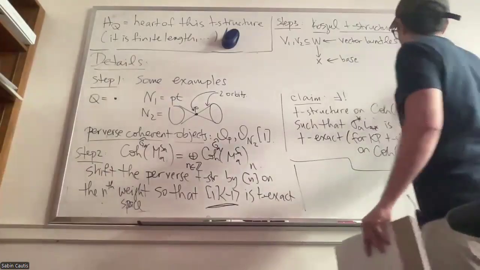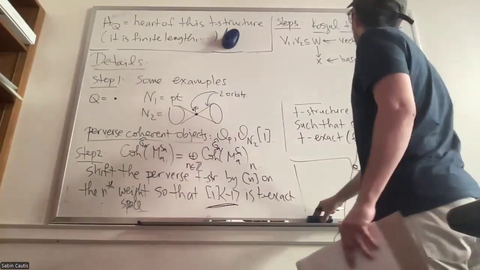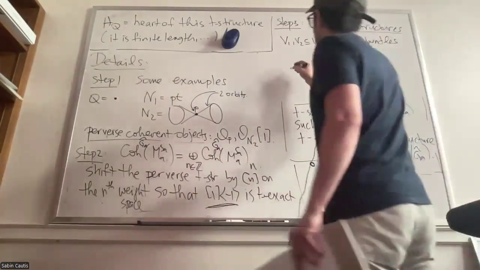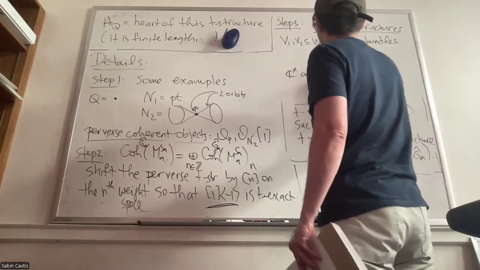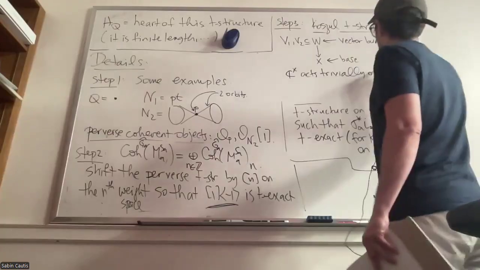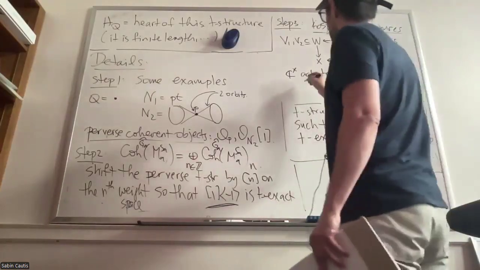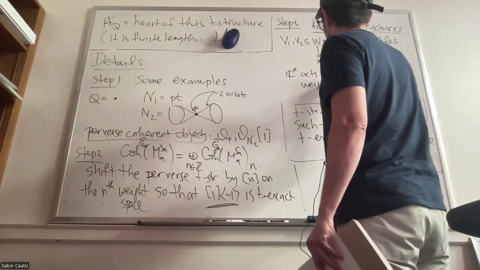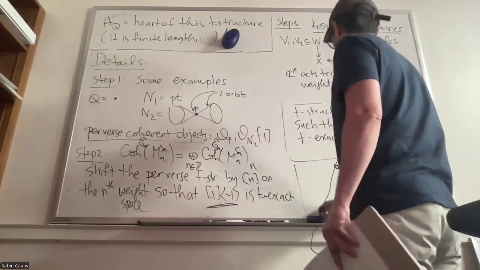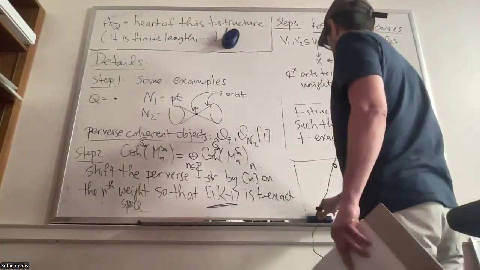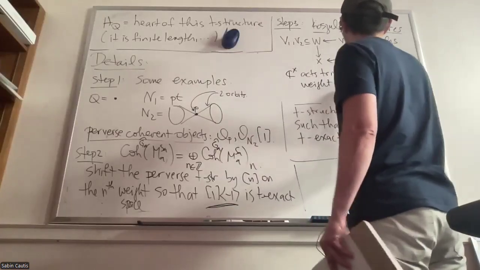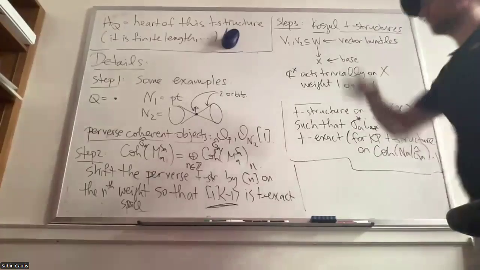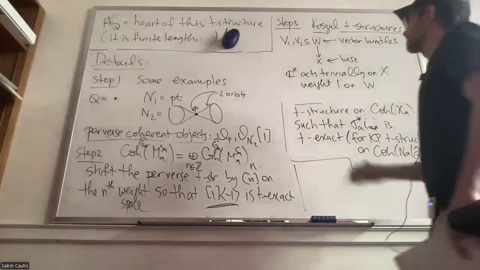So the setup is that we have these vector bundles, and C star acts trivially on X and with weight 1 on the fibers of W. This is the scaling C star.